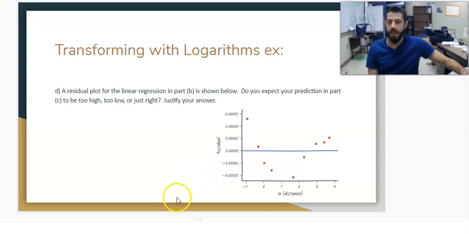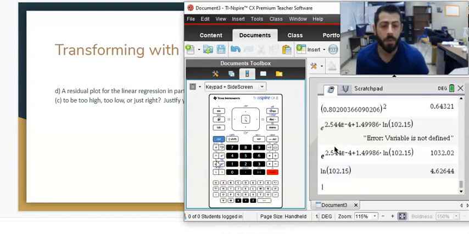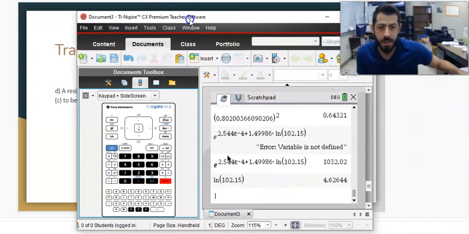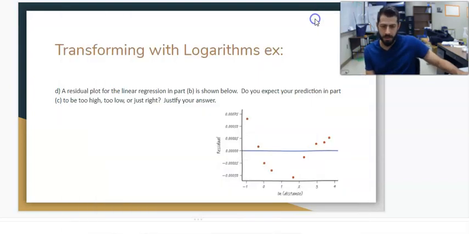So just real quick, the natural log of 102.15, I can find that out. Boom. 4.62644. So it seems as if this value is above 2.5. That would be out here. Based on this graph, this is trending back upwards again. Our line would be down here.